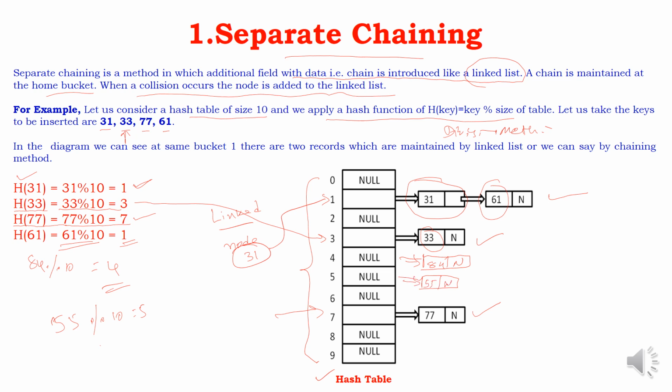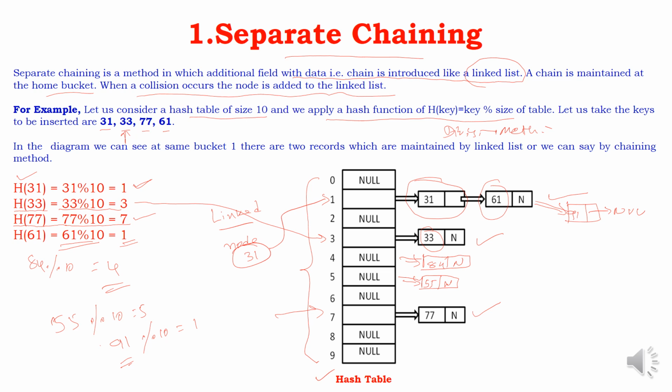Suppose you wanted to add 91, 91 percentage 10, you will get index 1. So you have to add this 91 at bucket 1. So it creates a new node with 91, and that 91 is added to the previously existing linked list at the last position.